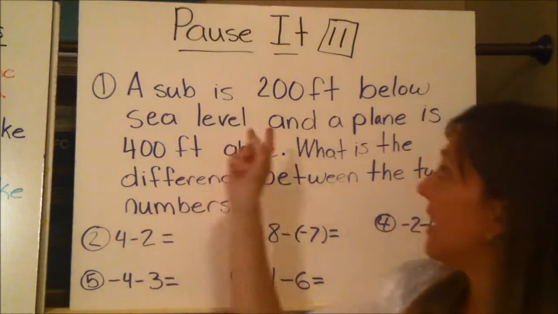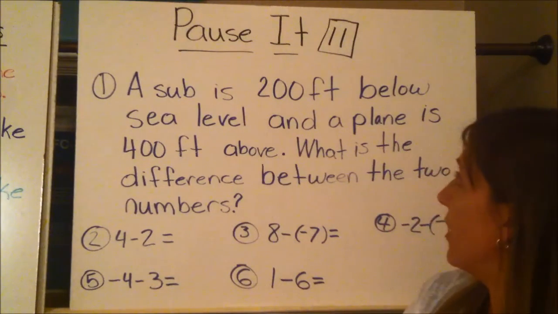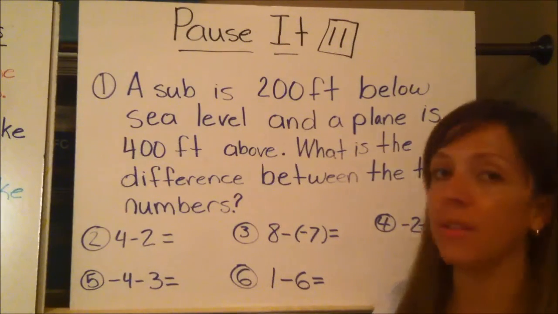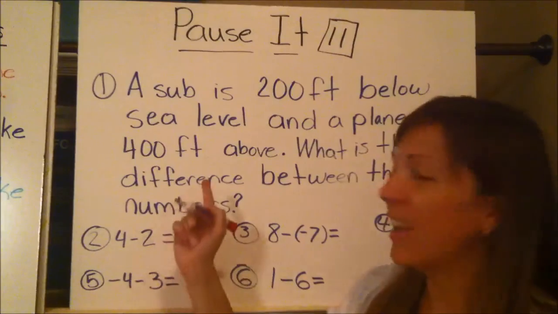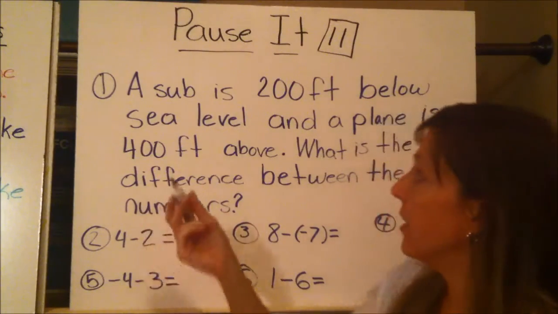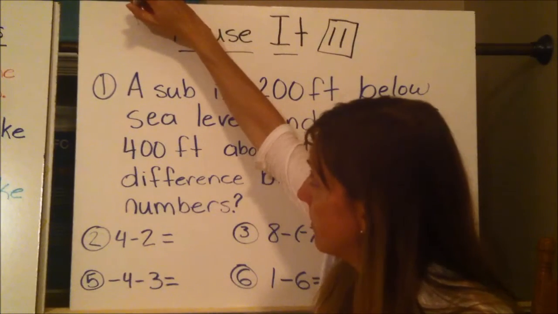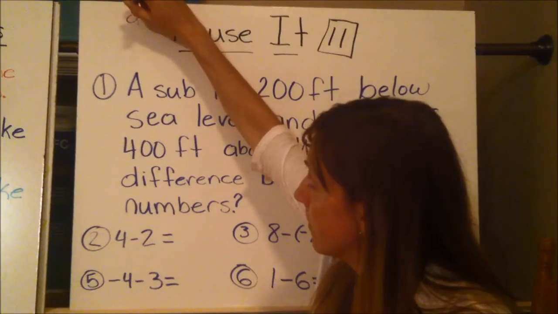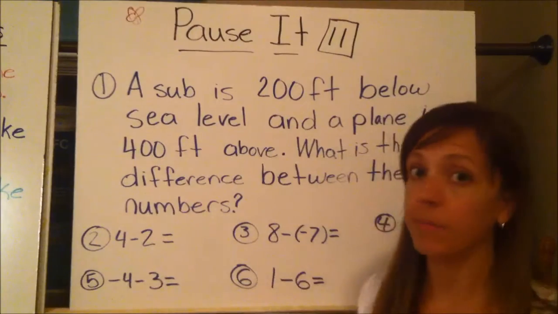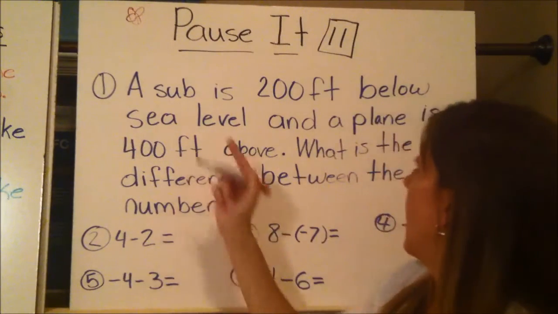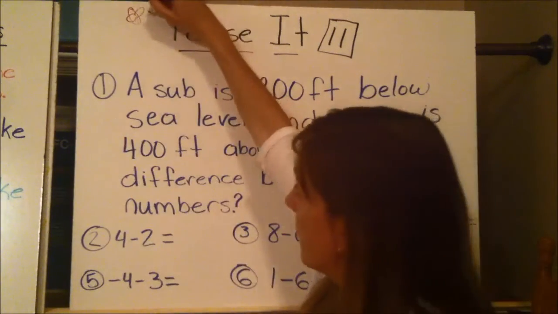A sub is 200 feet below sea level and a plane is 400 feet above. What is the difference between the two numbers? All right, I usually like to draw a picture of this. So I'll draw a plane. Okay, I'm not an artist, definitely. 400 feet above.